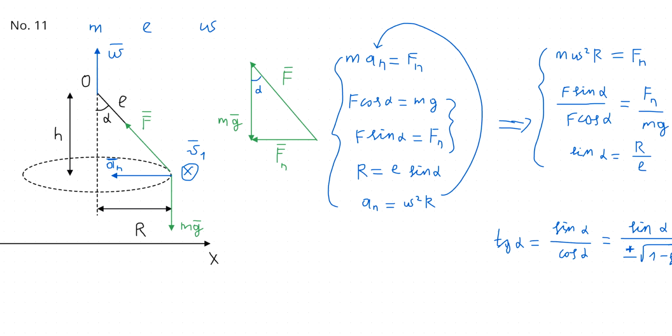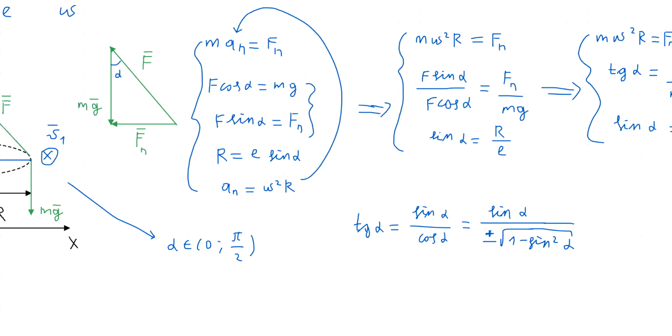Yes, it will be plus because according to the picture, we can see that alpha is between 0 and pi divided by 2. For these angles, tangent will be positive, and if it is positive, we have to choose plus near the square root.